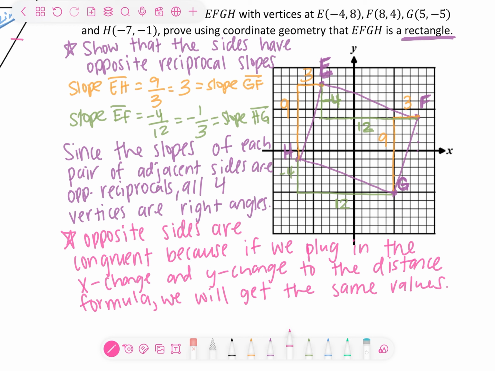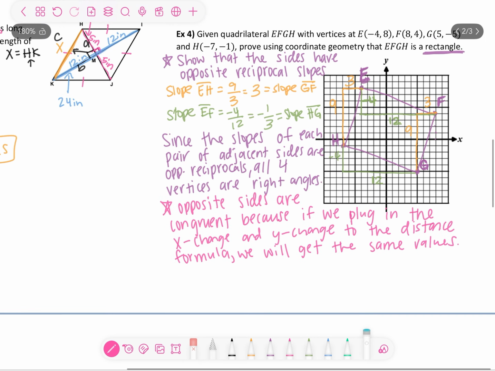And that's true for the opposite sides. So that's true for EH and FG, and you can write that specifically if you'd like. And that's also true for EF and HG as well. All right, and that's all you really need to do for that one.